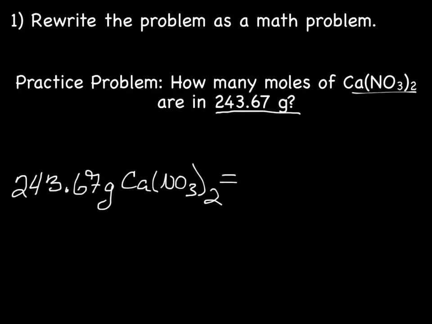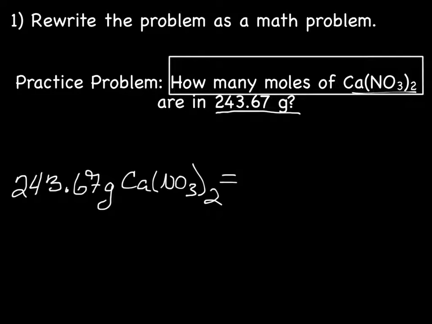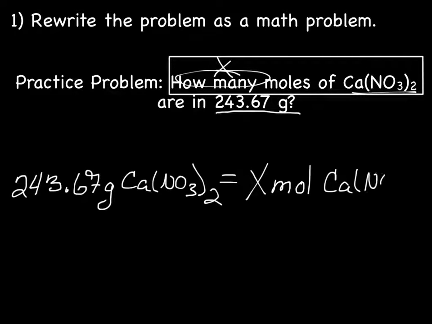Our question says, how many moles of Ca(NO3)2? That's going to be our unknown. And how many in math world is written as an X. So we're going to have X moles, which I'll abbreviate as mol, calcium nitrate. So there's our math problem.